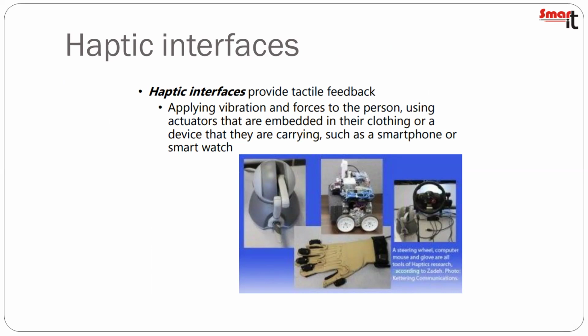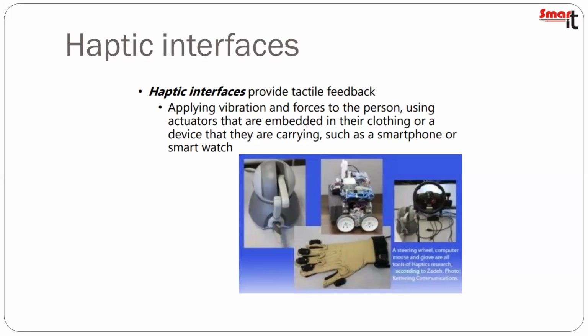Haptic interfaces provide tactile feedback. It means, for example, applying vibrations or some forces to the person using actuators that are embedded. Even smartphones and smartwatches do this in a basic manner.